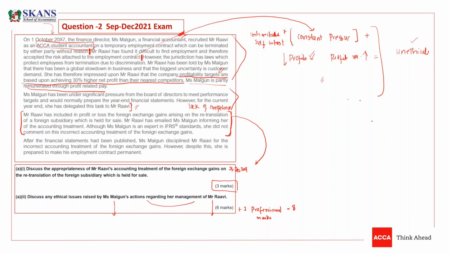Professional behavior is being compromised. Integrity, objectivity is being compromised. Why? Because she is an expert in IFRS, but she didn't comment. Now, guys, one professional mark is to link the threats with threats, to pick these threats from the question and to write in your answer.